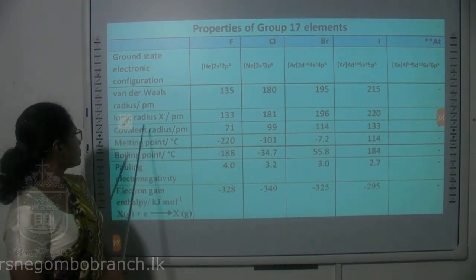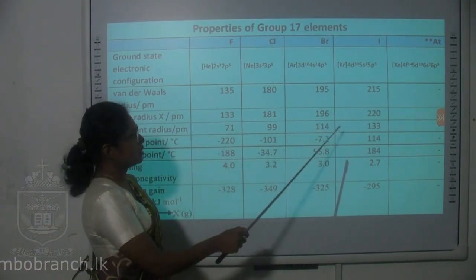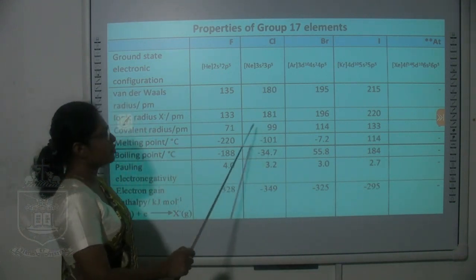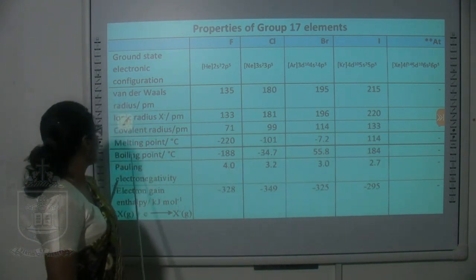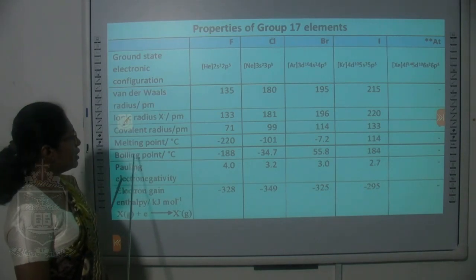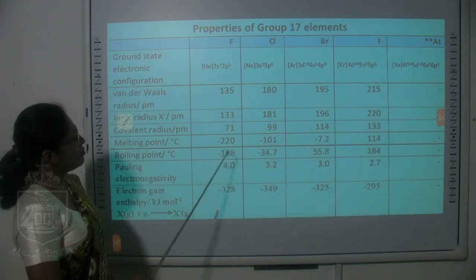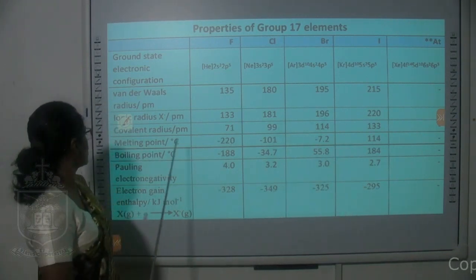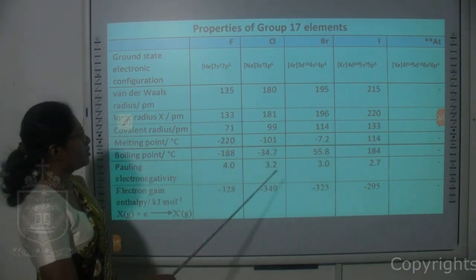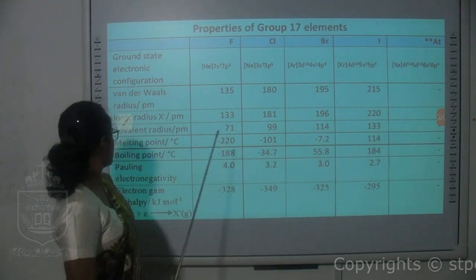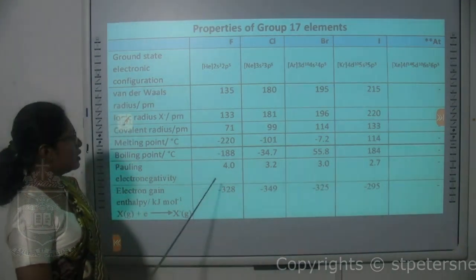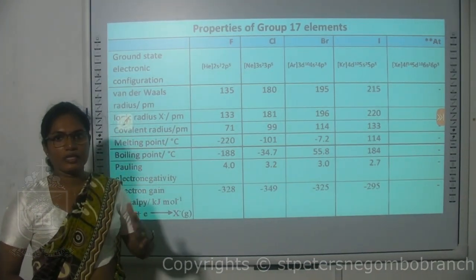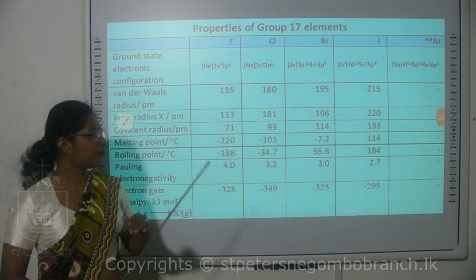And here ionic radius increases, covalent radius also increases, and you can see melting point here also increases, and boiling point also increases. Electronegativity decreases. When we go down the group, electronegativity decreases.